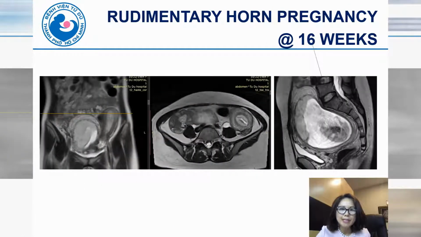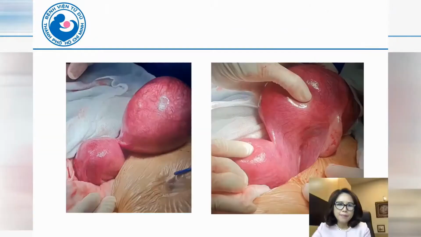MRI can confirm the diagnosis: on the left side is the unicornuate uterus, and on the right side is the rudimentary horn pregnancy. And this is the photo at laparoscopy: the rudimentary horn with the pregnancy inside, and this is the main unicornuate uterus.